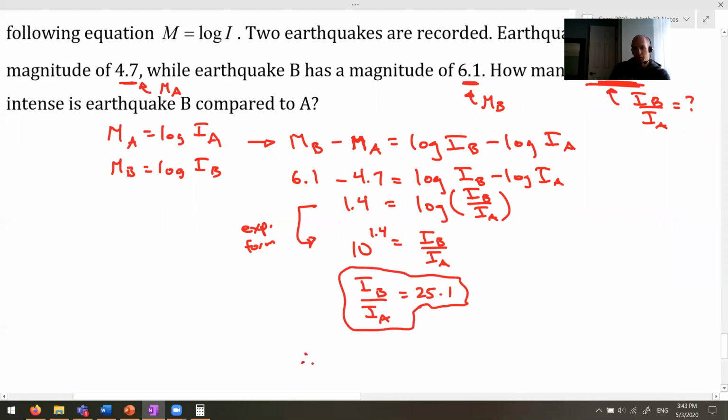Therefore, and because it's a word problem, it's nice to say this in a sentence: earthquake B is approximately 25 times more intense than A.